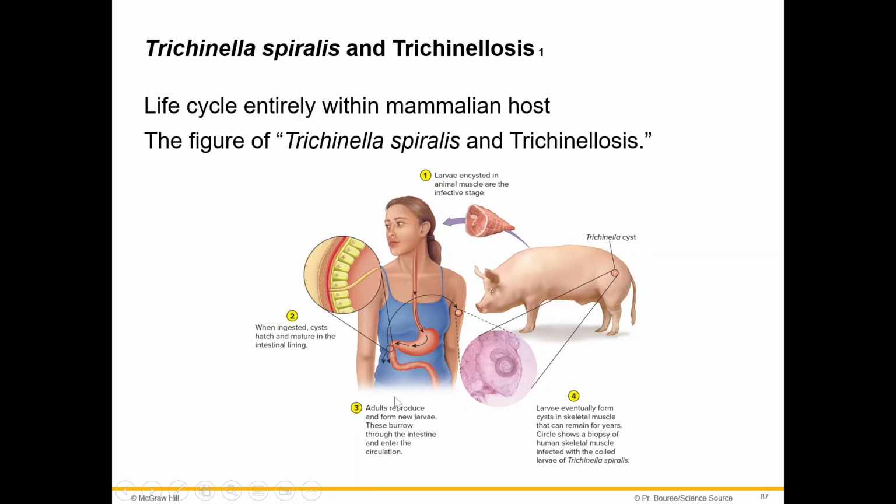The adults reproduce and form more larvae, and they can burrow through the intestine, and that's how they enter circulation. When they're ingested, the cyst will hatch and then mature in the intestinal lining.